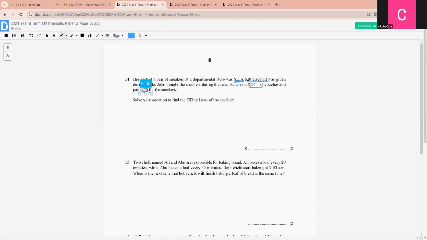Solve your equation to find the original cost of the sneakers. So we know that the cost of the sneakers was X, and then there was a $20 discount, and then he also used a voucher that costed 94 minus X.